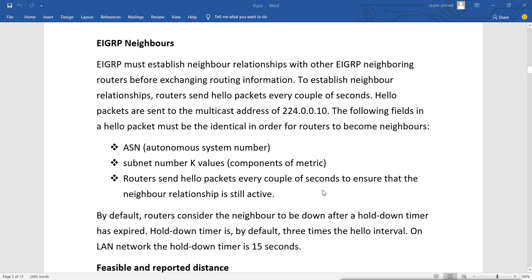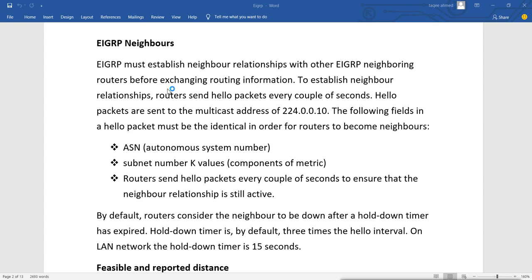Now EIGRP neighbors. EIGRP must establish a neighbor relationship with other EIGRP neighboring routers before exchanging routing information. To establish a neighbor relationship, a router sends hello packets every couple of seconds, which by default is 5 to 15 seconds.